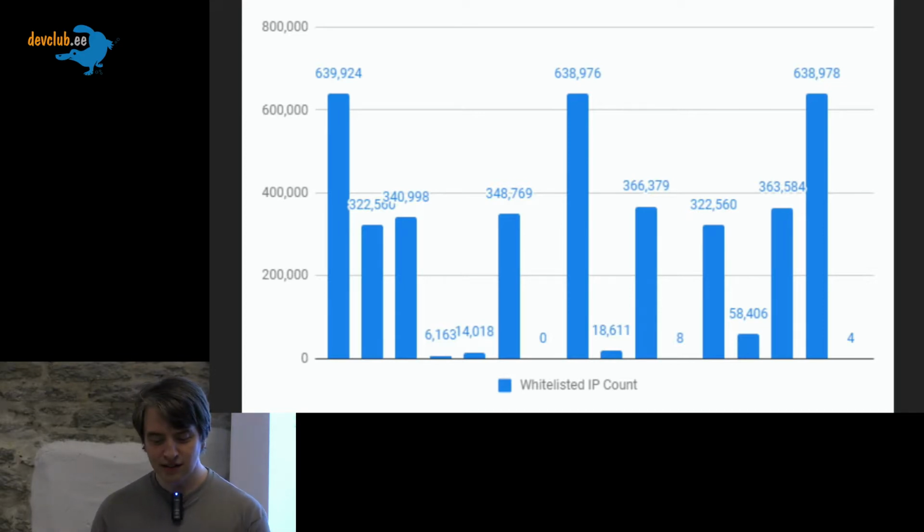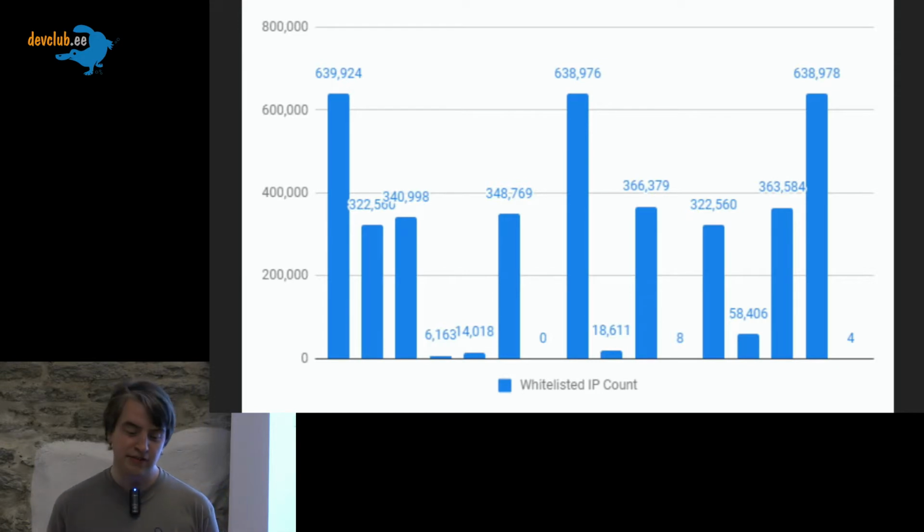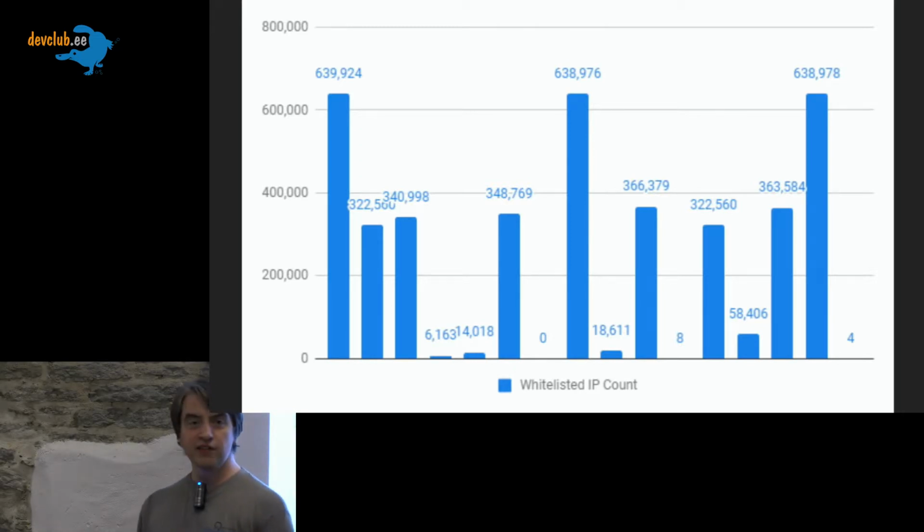As in the previous time I was giving this speech, there are few persons or domains who configured DNS correctly. It has like 0 allowed emails, 0 IPs who can send emails, 8 and 4. I think that's a fair amount.